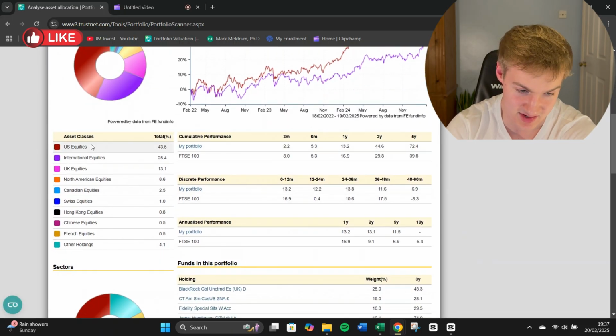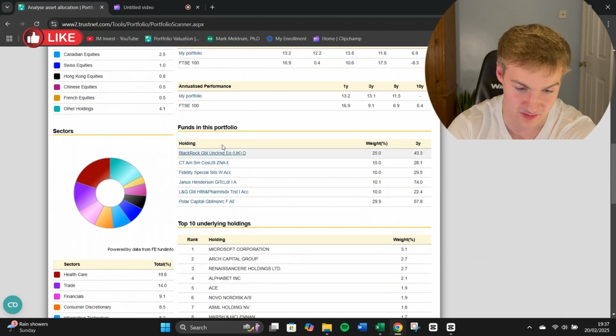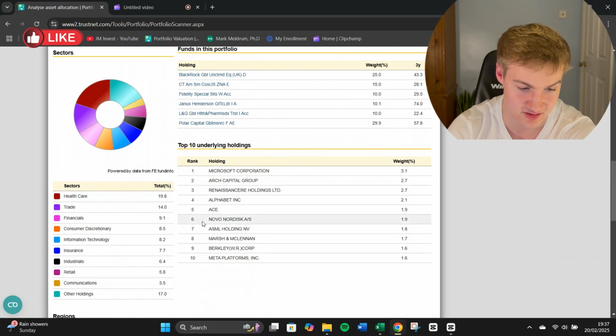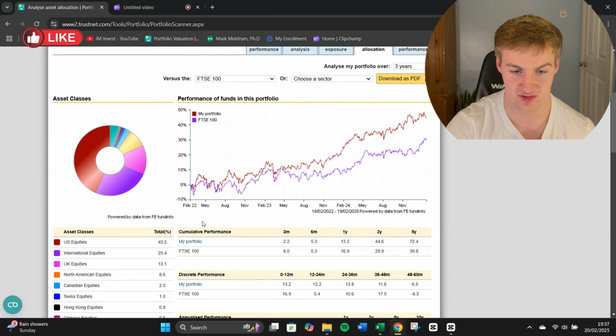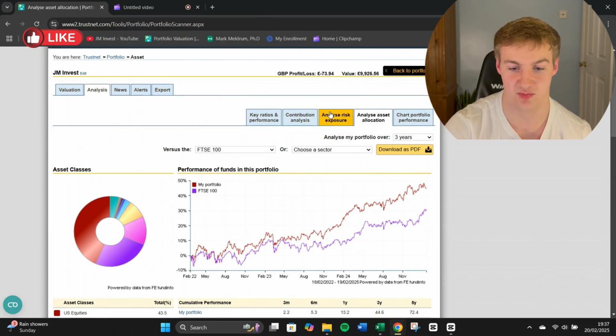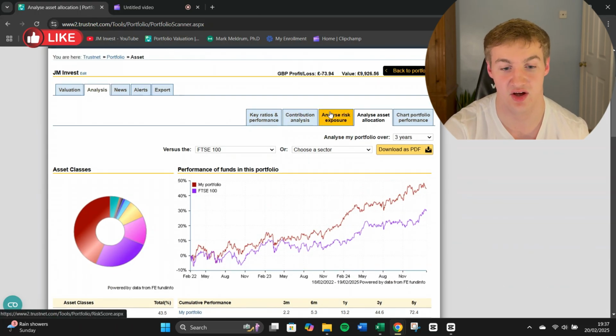So you can see the split by region, the funds, the underlying holdings, the sectors, all this stuff. As we go through this series, I can update you on exactly how and why things are performing in line with how markets move. Hopefully that provides you with an overview of how we're going to be taking this series on going forward, and a very brief overview of the portfolio as it stands today.